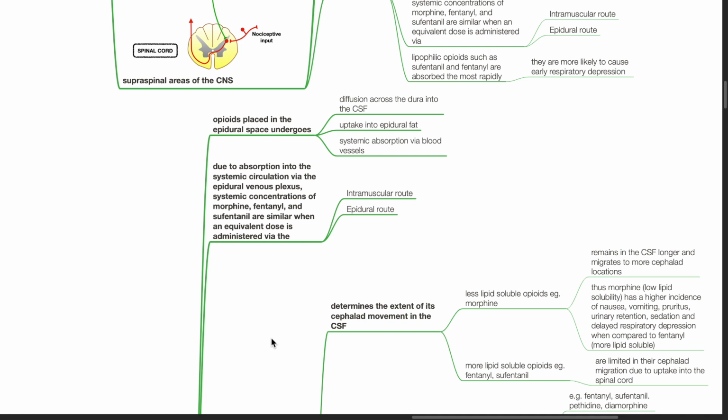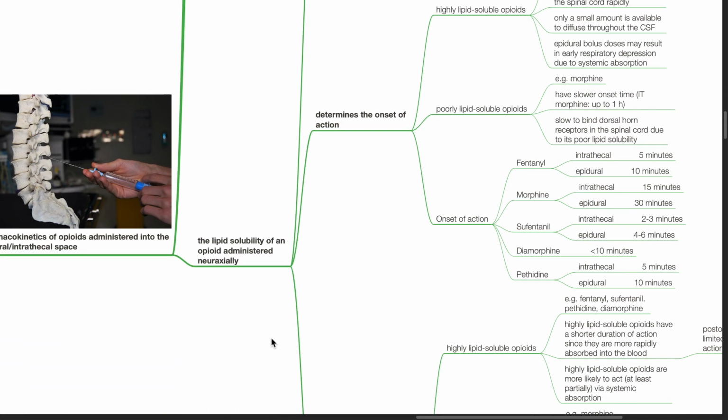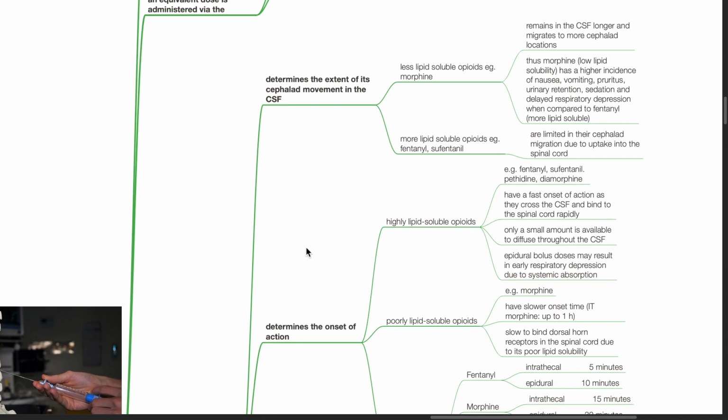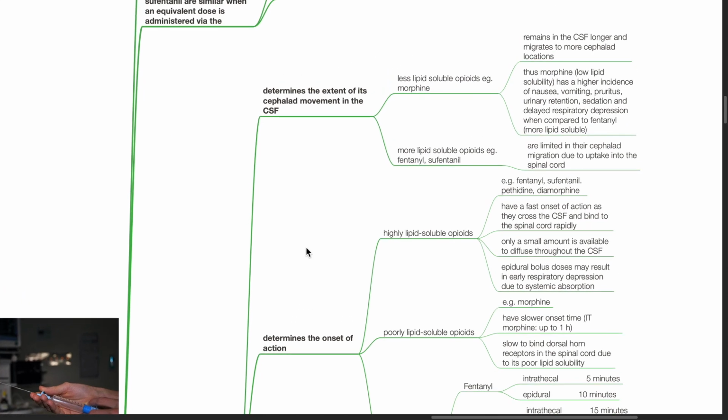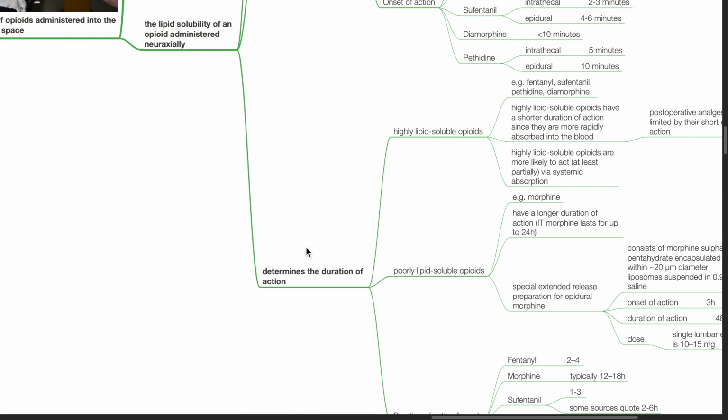Due to absorption via the venous plexus in the epidural space, systemic concentrations of morphine, fentanyl, and sufentanil are similar when an equivalent dose is administered via the intramuscular or epidural route. The lipid solubility of an opioid administered neuraxially determines the extent of its cephalad movement in the CSF, its onset of action, and its duration of action.